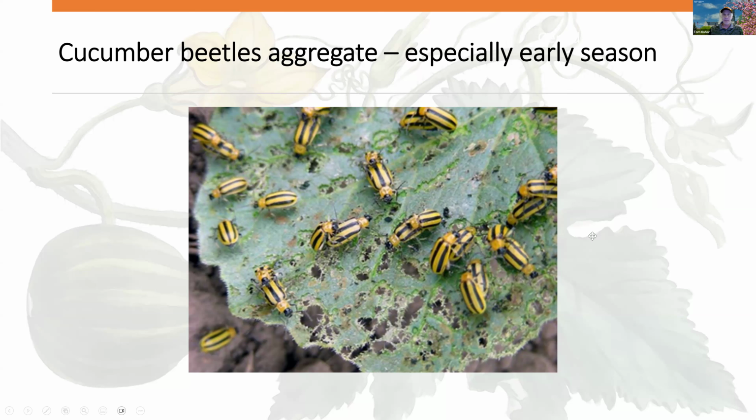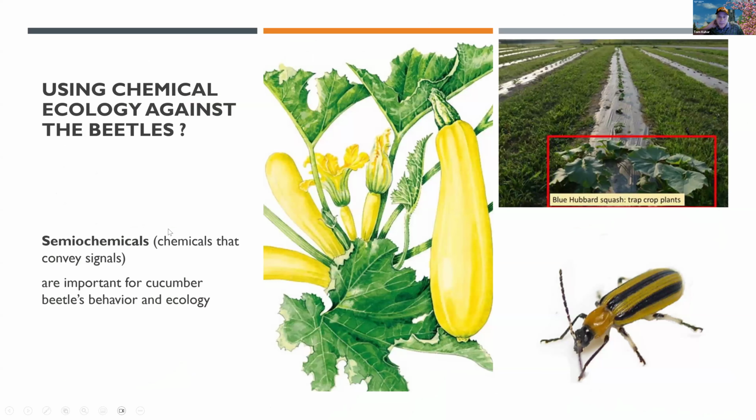But now, is there anything else? Well, how about this aggregation behavior that I mentioned early on, that they just seem to show up and show up en masse? What's that all about? Can that be used somehow in management? And well, the research has shown that beetles respond to semiochemicals. What are those? Those are chemicals that convey signals to them.